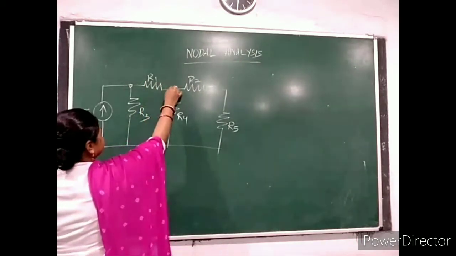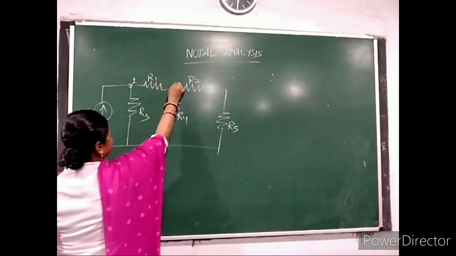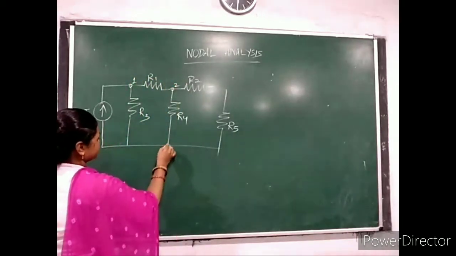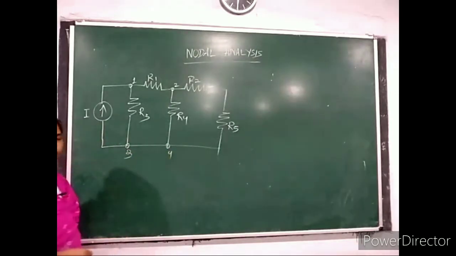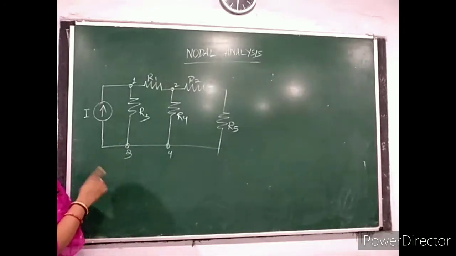This one, number 1, 2, 3 and 4. These are the nodes. 4 nodes are there. You have to choose one of these 4 nodes as a reference one.